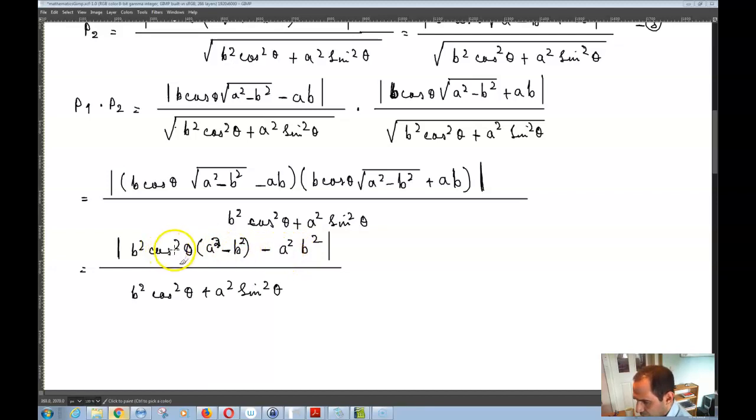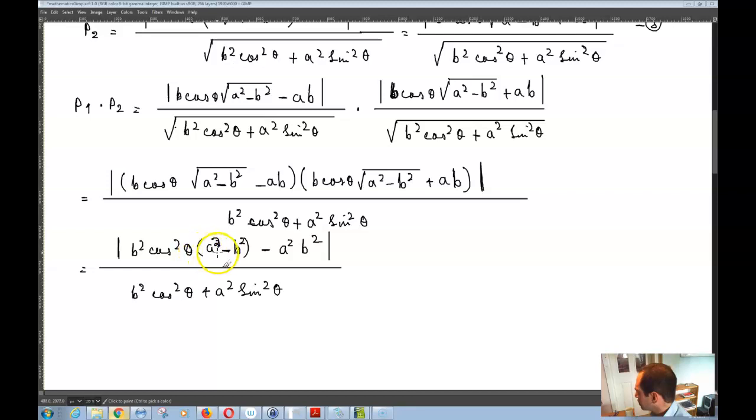You cannot take that out, but you can take b squared out from here. So you have a squared b squared cos squared theta, b squared cos squared theta.